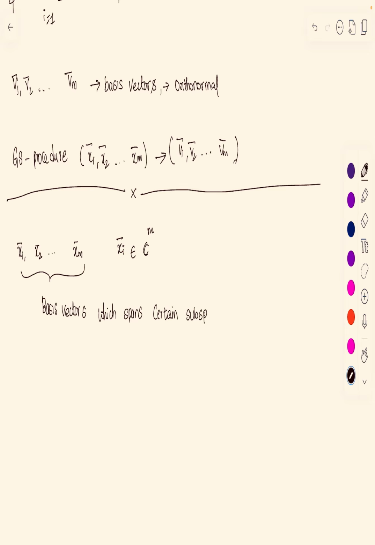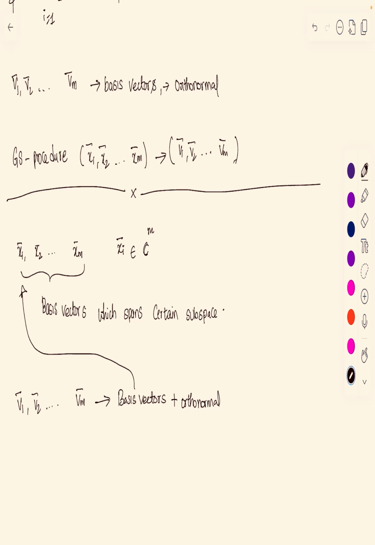So this is the setup, and we'd like to find a set of vectors v1 bar, v2 bar, and so on, vm bar, which are basis vectors plus orthonormal, which span the same subspace as the given vectors. Okay, so this is the setup.